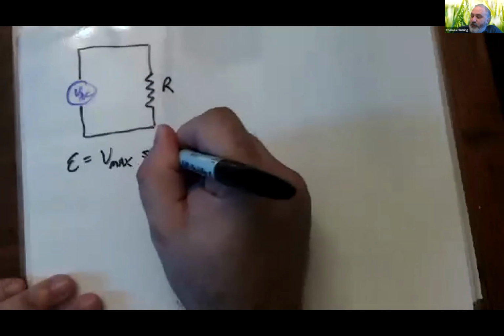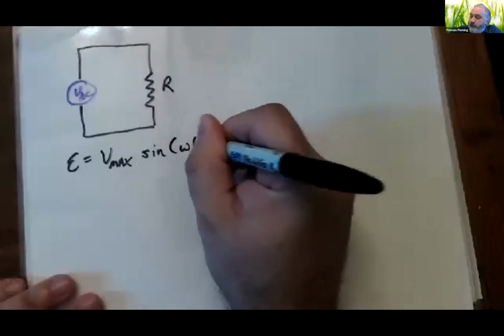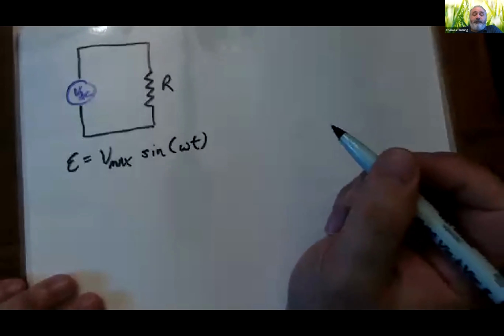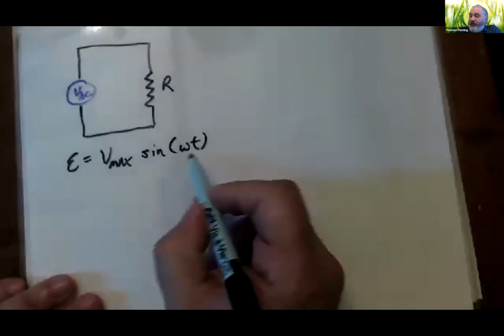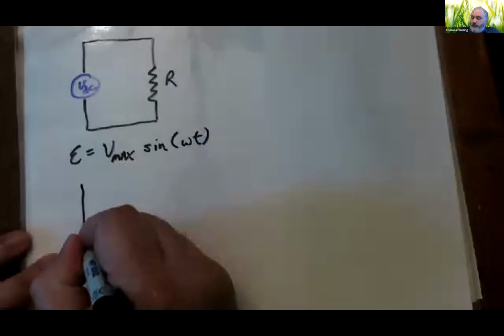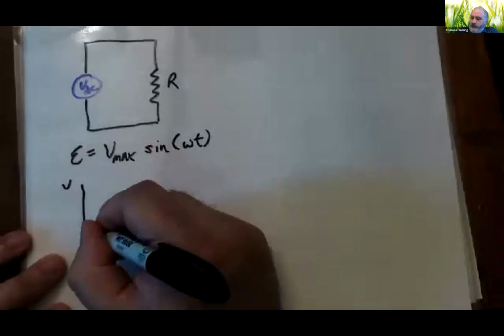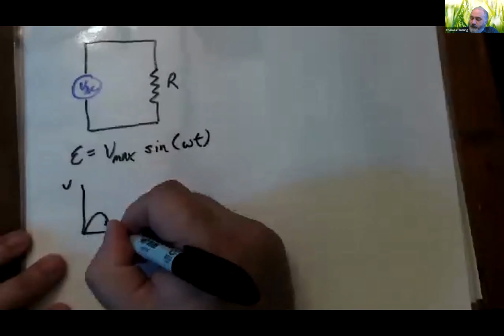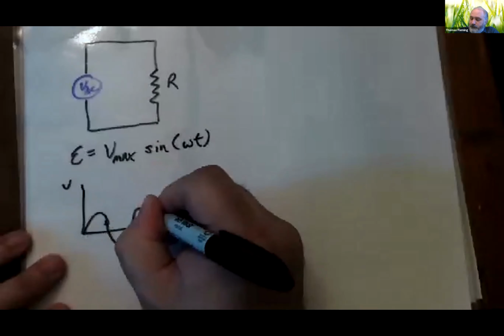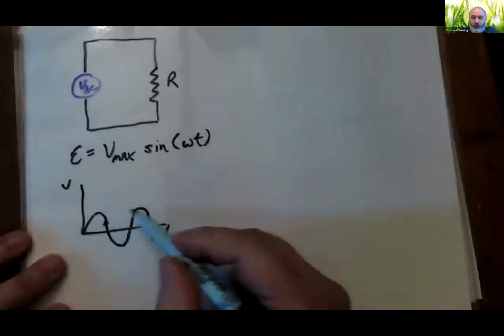It's either a sine or a cosine, and it doesn't especially matter. Where again, how this omega t is going to work is your voltage is going to make kind of a sine wave.